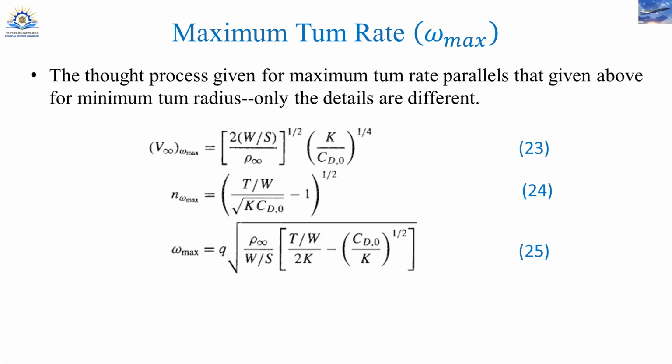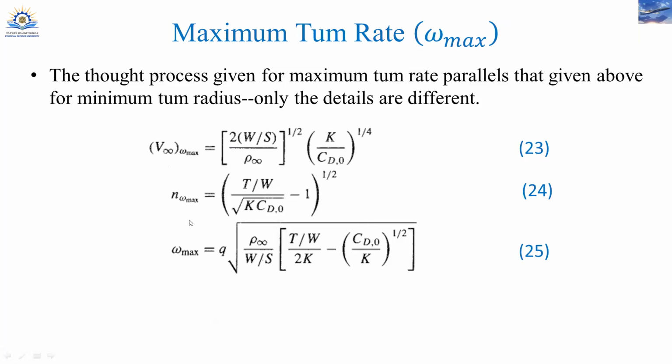The same thing, so this is just a revision. Velocity for maximum turn rate. Actually, with the same process we can find the velocity for maximum omega, n for maximum omega, and omega max.